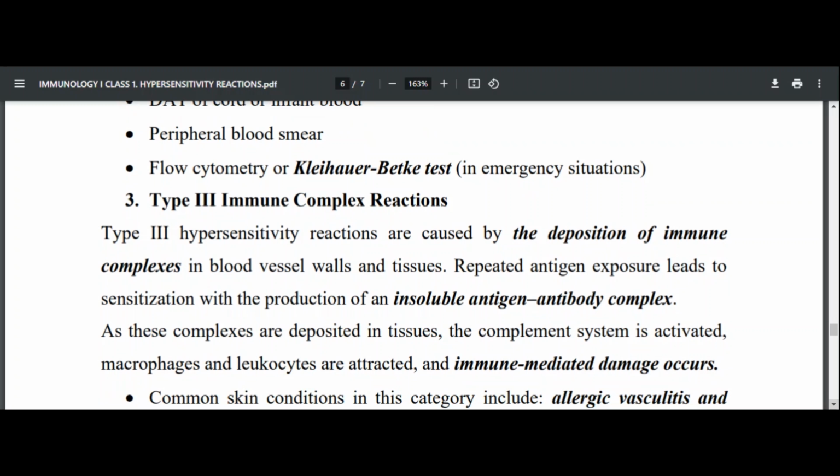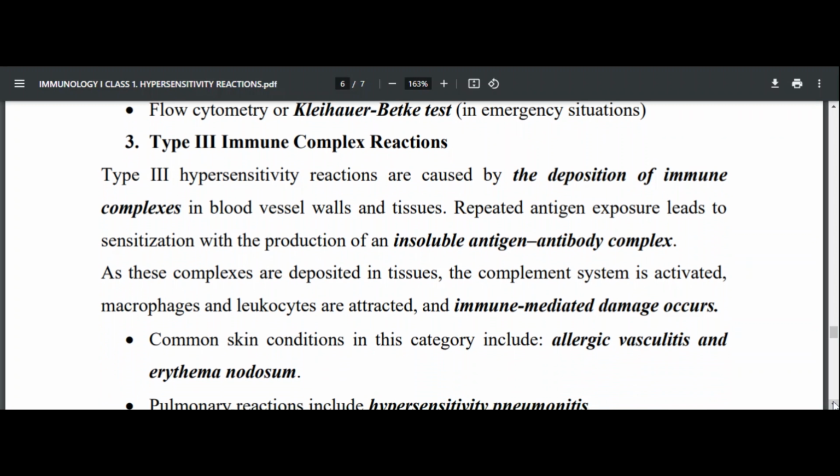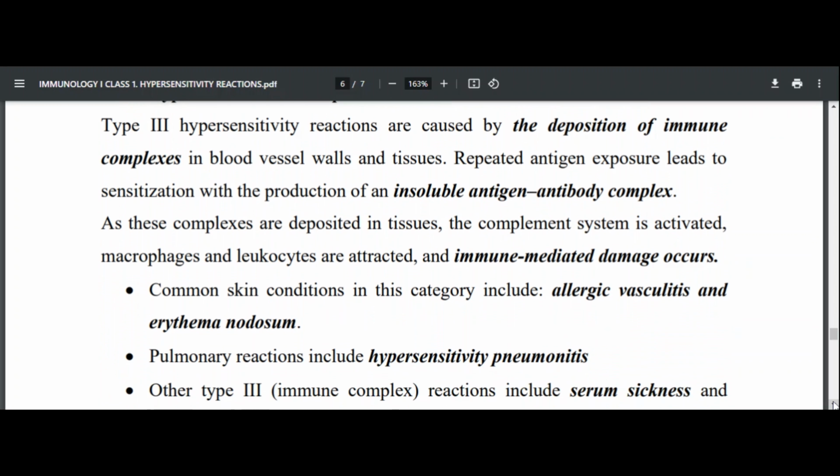So in this case, there will be continuous stimulation of the immune system because of soluble antigens and production of specific soluble antibodies, which leads to formation of complexes in blood, followed by deposition of those insoluble complexes on, for example, blood vessels, sometimes blood vessels of kidneys, capillaries, which is going to cause allergic vasculitis, for example, and erythema nodosum.